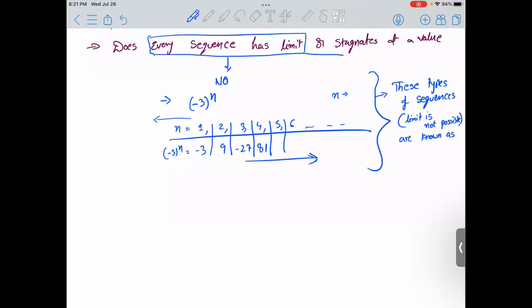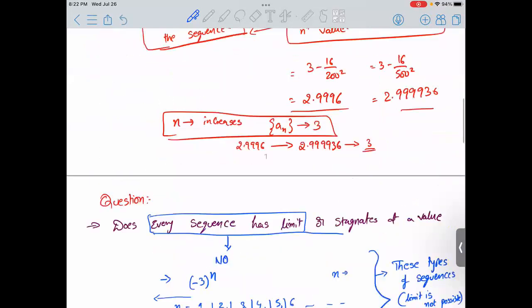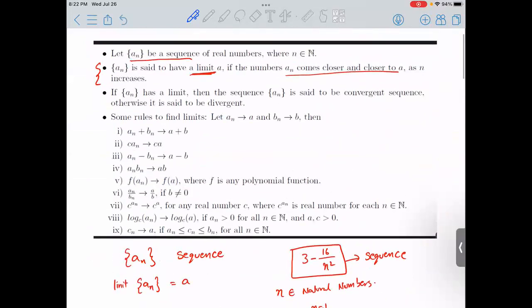Divergent. Yeah, divergent sequences. That is what the third point discussed. Clear? Is the third point clear for everyone? Yes, sir. And then we will go to some rules.